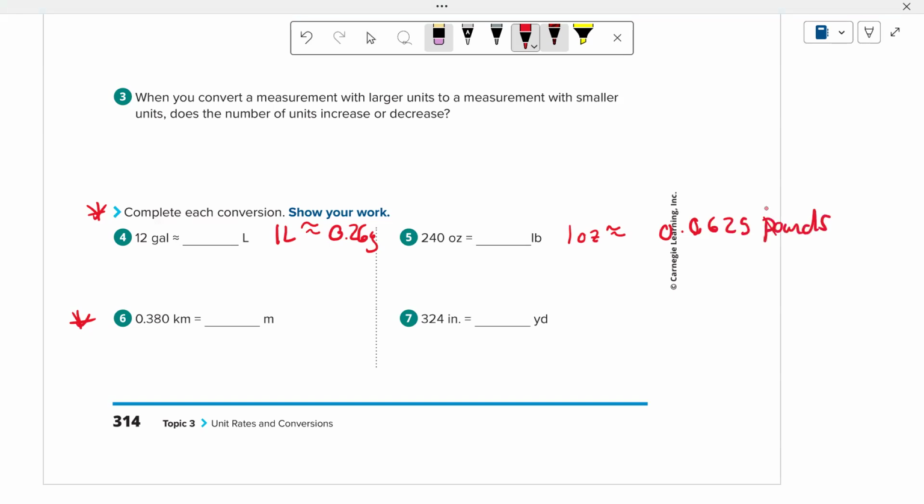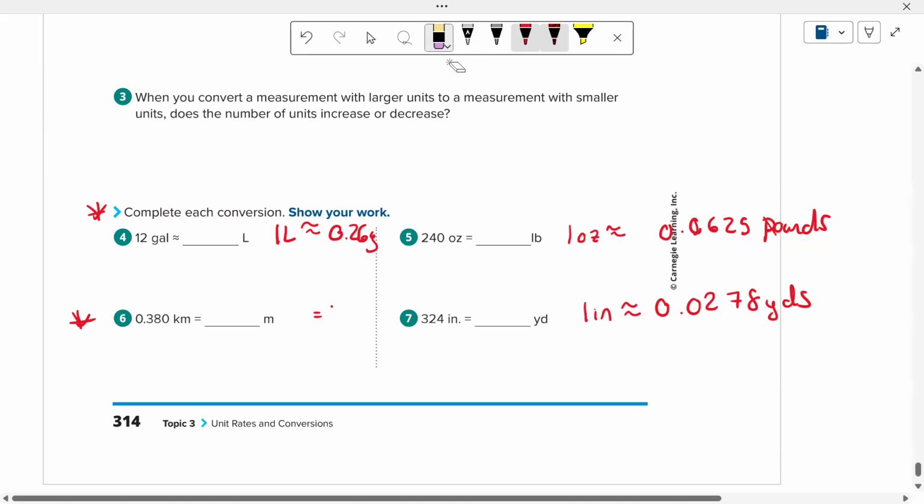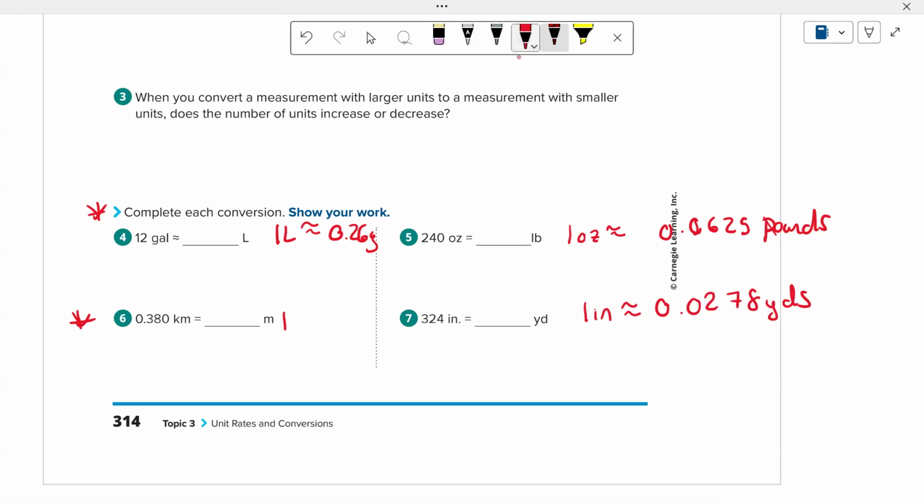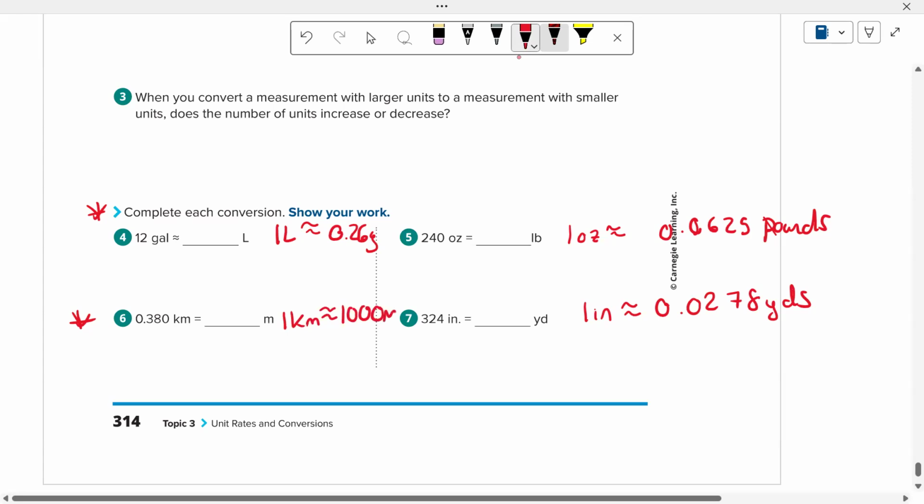For the inches, every 1 inch is approximately 0.0278 yards. And for kilometers to meters, 1 kilometer is approximately 1,000 meters. I want you to do these. Actually, let's just have you do these 3.